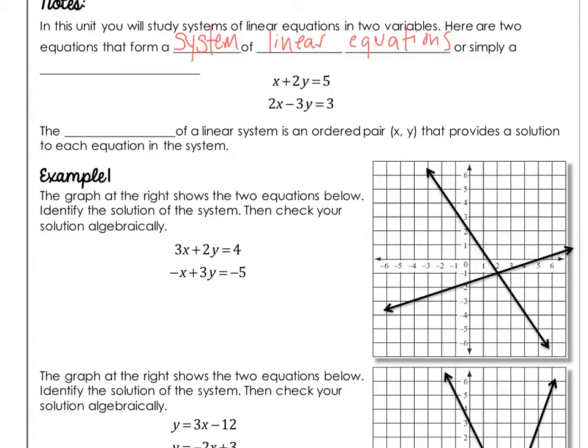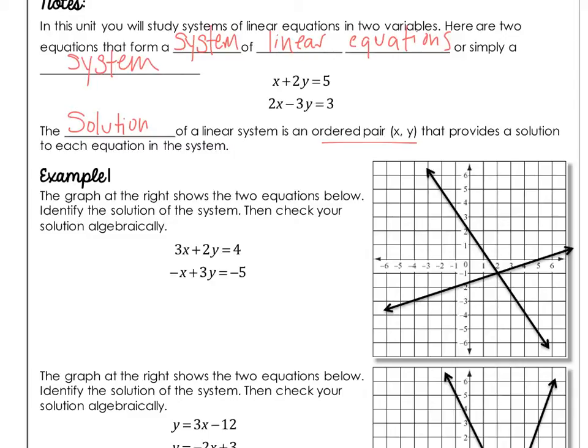So we call these a system of linear equations, or simply a system. This isn't anything new. The solution of a system is that ordered pair that solves each equation in the system.